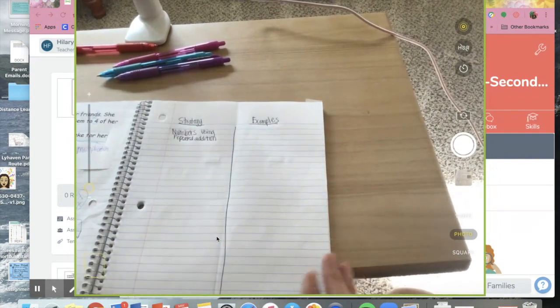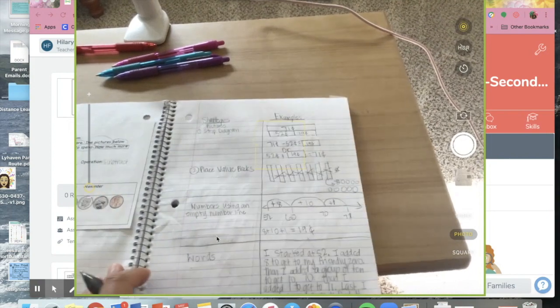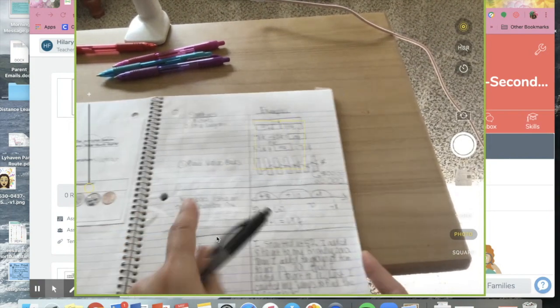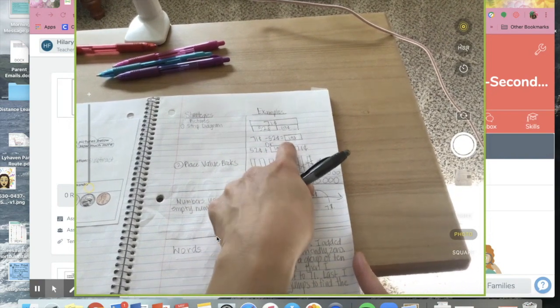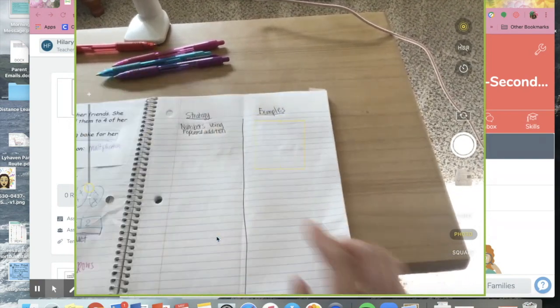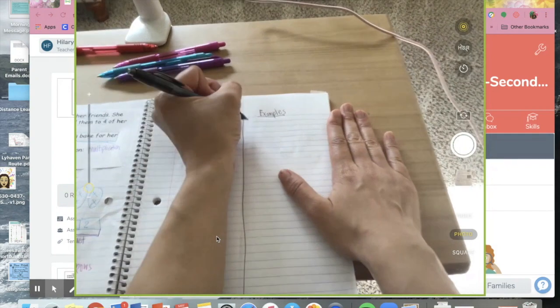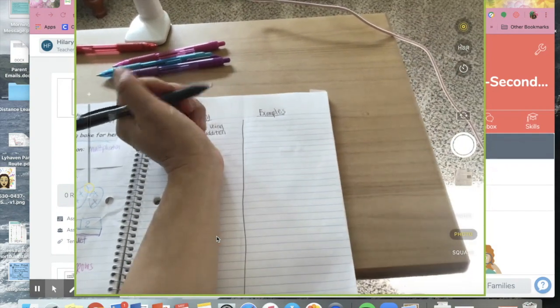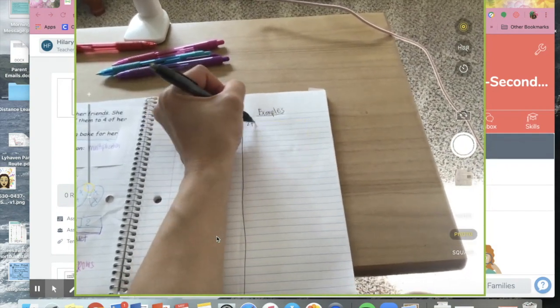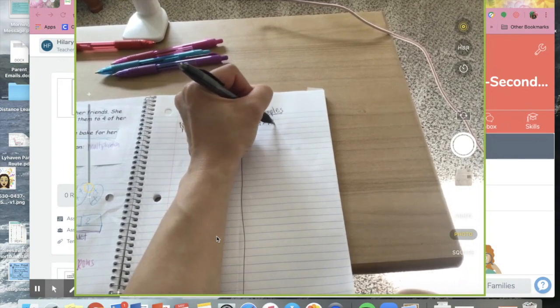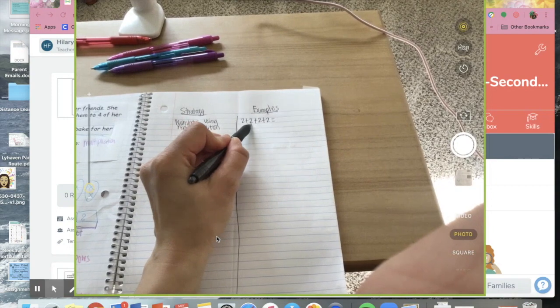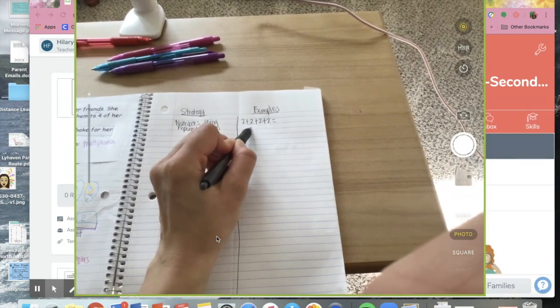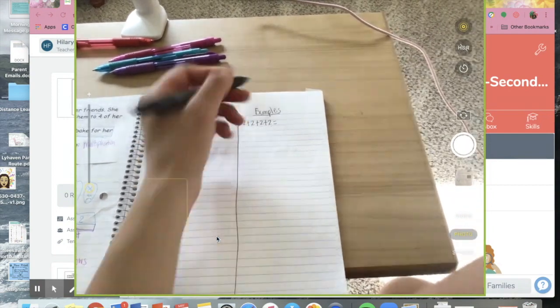So you know how we usually, let me go back to that. This was solving money, but remember, we would always write an equation right here with our strip diagram. So this would kind of be like our equation, okay? So we're going to write 2 plus 2 plus 2 plus 2 because we have 4 groups, friend 1, friend 2, friend 3, friend 4, 2 in each group, 2, 4, 6, 8.